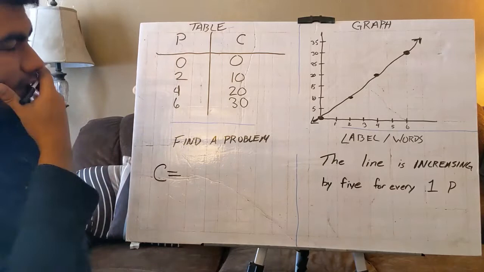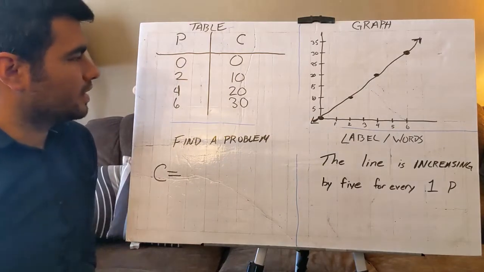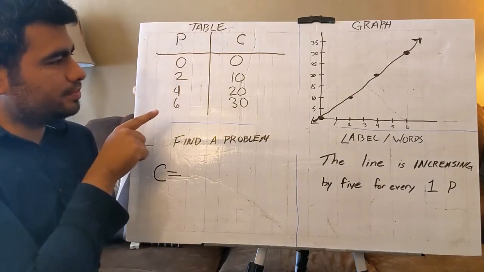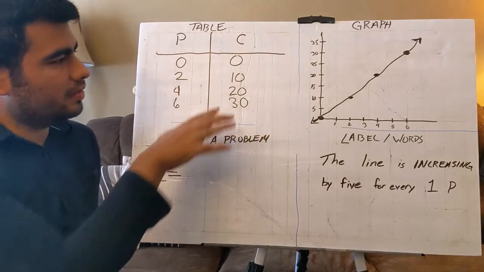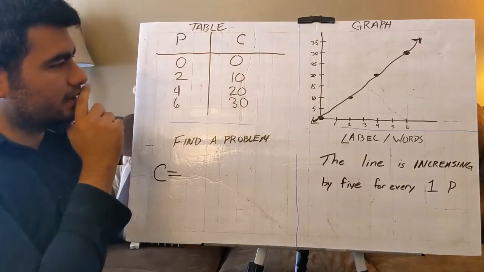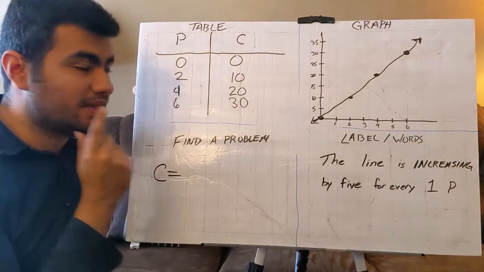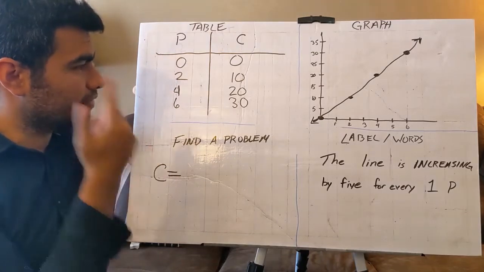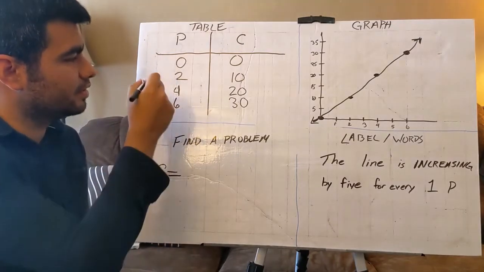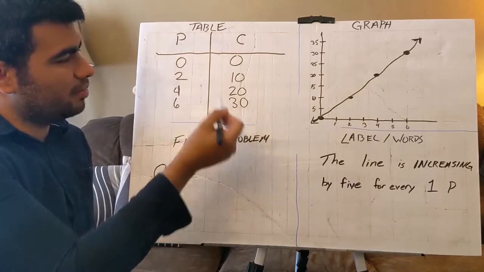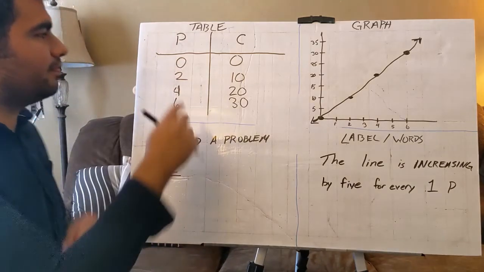If I take a look at it, it looks like for every 2, I go up by 10. So I think it's pretty safe to assume that for every 1, if I look at the points in between here, I'm probably going to get 5.